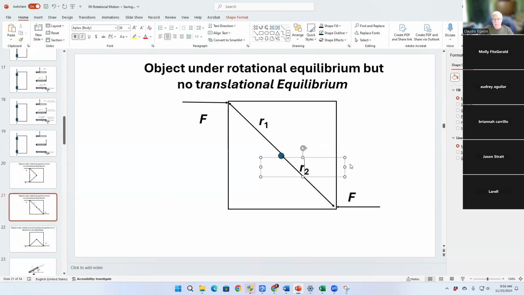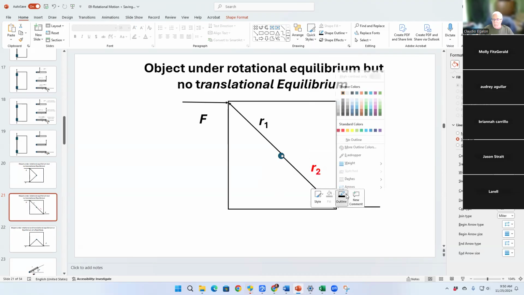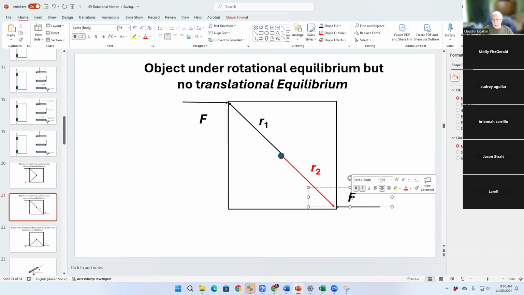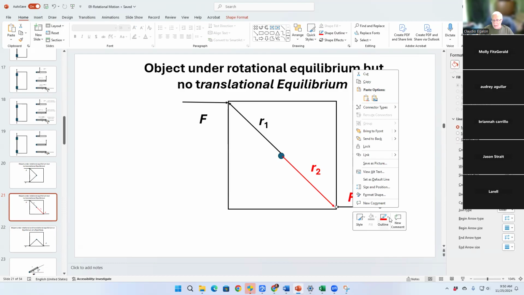Their magnitudes are the same. I'm going to change their colors to make it easier to identify, right? Here you go. This other one too. And let's make this arrow red as well.